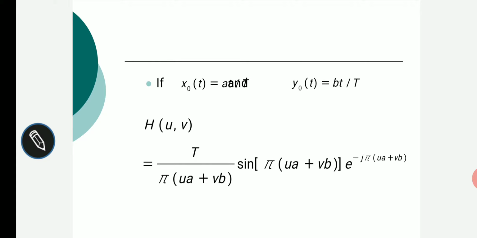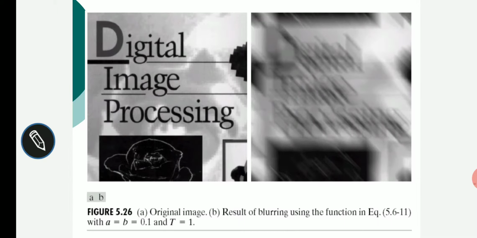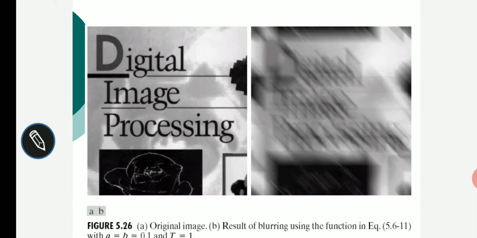Now you can see the second image is a blurred image, obtained by computing the Fourier transform of the first signal, multiplying by the transform h of u comma v, and taking the inverse transform.